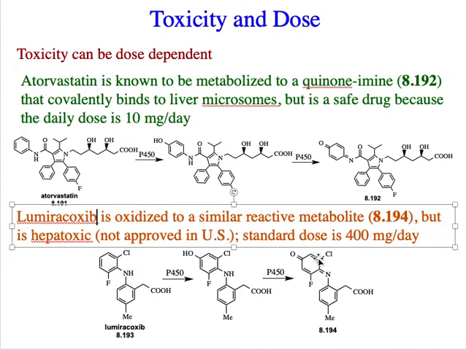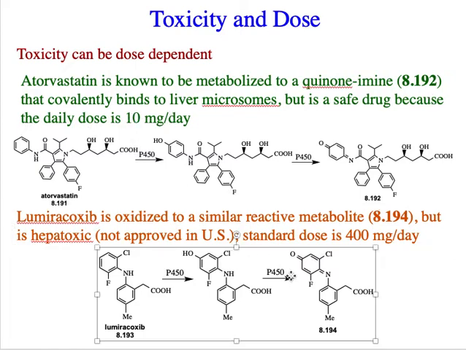However, this drug, lumiracoxib, is not approved because you have to take 40 times as much. And so you form the same species basically, right? This is probably going to be even more reactive. But you form the same species, and you take 40 times more, and that's too much.